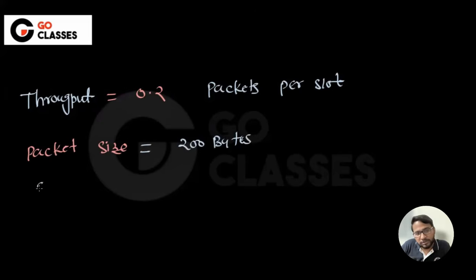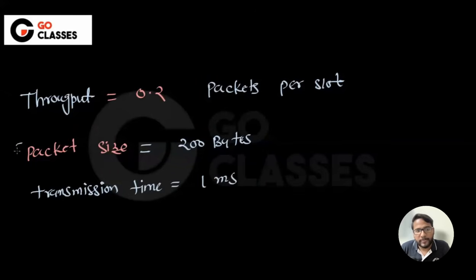And suppose the slot length or the transmission time, which are the same in Aloha, that's what we have seen, is given to you, let's suppose, as 1 millisecond. Then can you tell me what is the throughput in kbps?